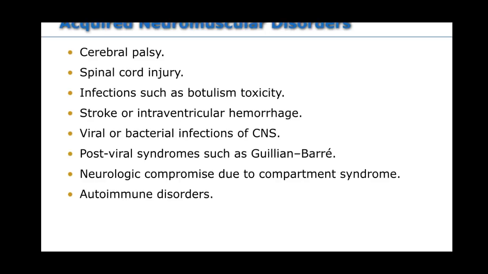A lot of times they present clumsy, they can't walk. I've had one present with not being able to hear, so it affects nerves differently. The neuromuscular part of it is, they have weakness in their legs, and it's progressive. It goes from the bottom up, so it's a strange little post-viral syndrome.